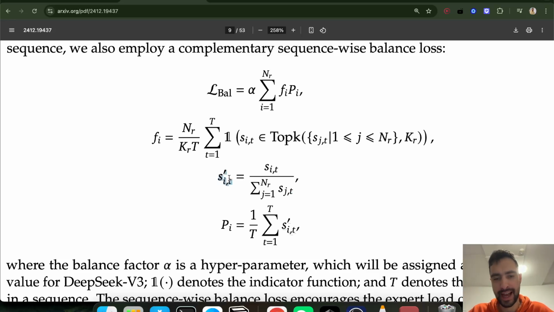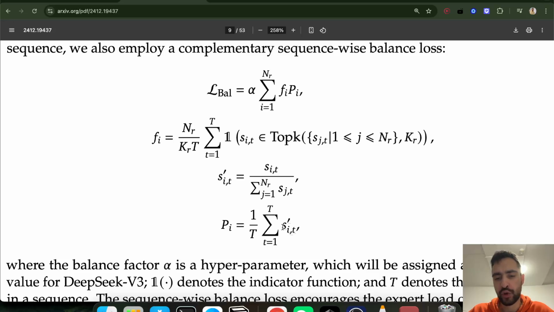So this s_i,t is the affinity of expert i to token t, such that all of the affinities of every expert add up to 1 for this token. This is just so we normalize affinities and put them in perspective to each other.